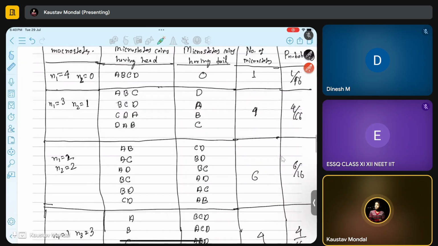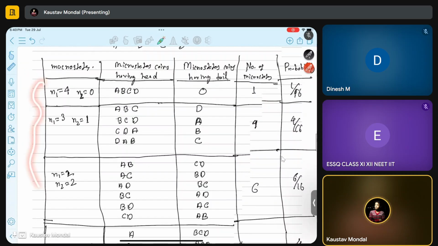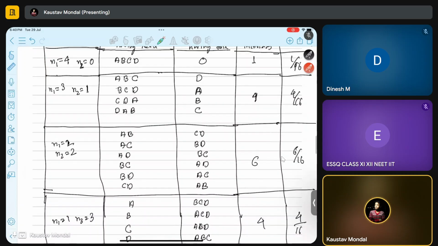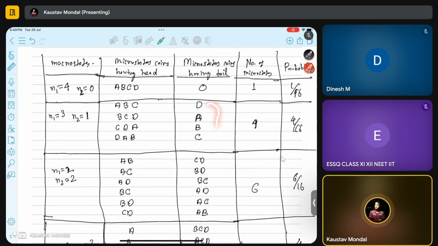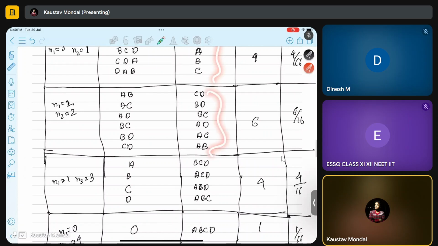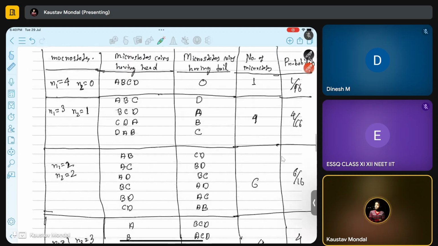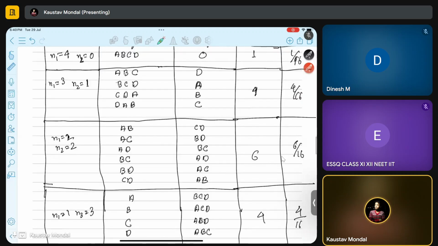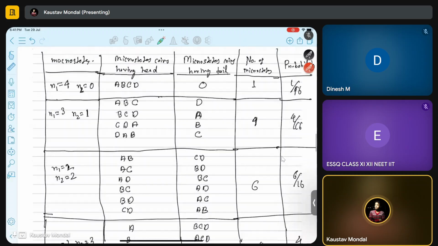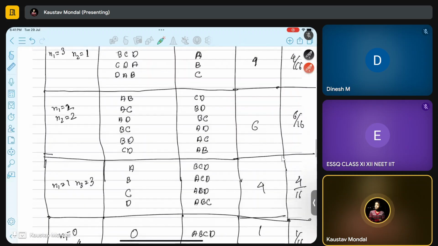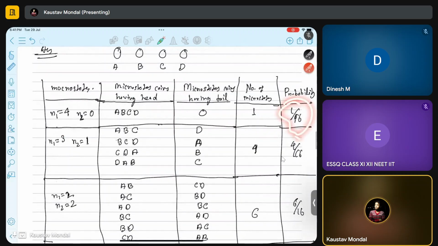These are the possible configurations, which you call macrostates, and under each macrostate you calculate the microstates. From there we calculated the probabilities.